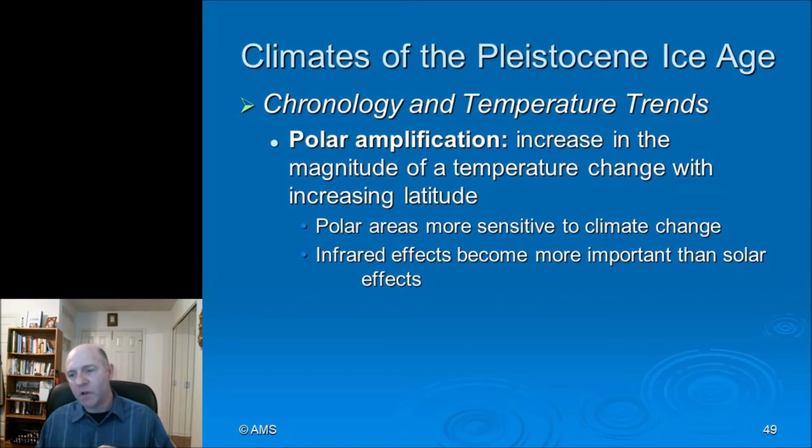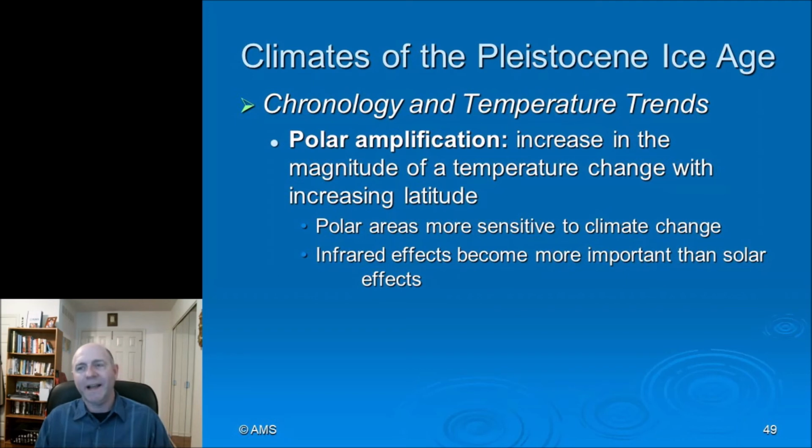Right? So the infrared effects, remember the ground heats the air. Sun heats the ground, ground heats the air. So the effects of the warming atmosphere, the greenhouse effect, are more pronounced in places that don't get a lot of sun to start with. The poles, winter, places that are cold, are going to be more sensitive to changes in the infrared part of the spectrum because they don't get as much sun.